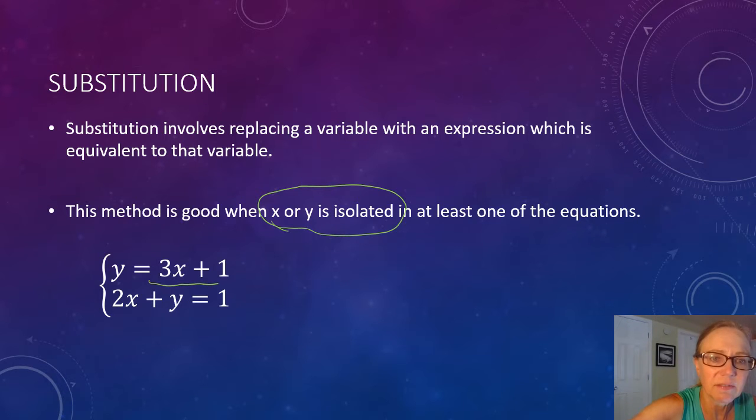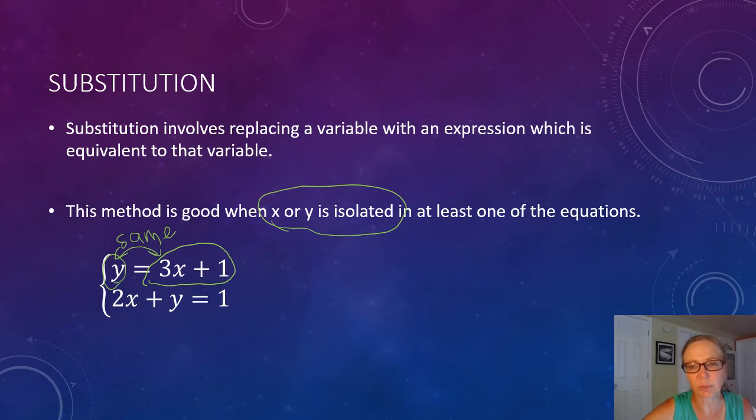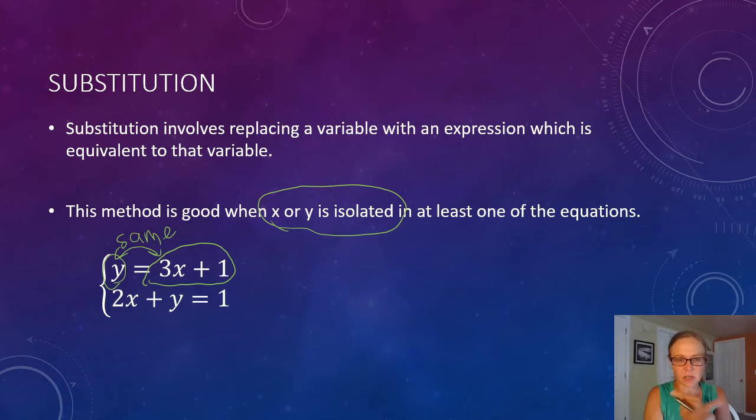When a variable is isolated with an equals between them, they're telling us that y is the same as 3x plus 1. Well, if y is the same as 3x plus 1, then the y and the 3x plus 1 can be interchanged. They can be used interchangeably.